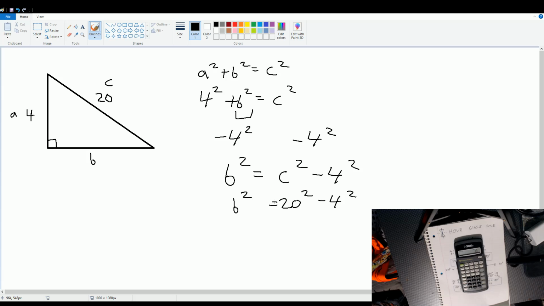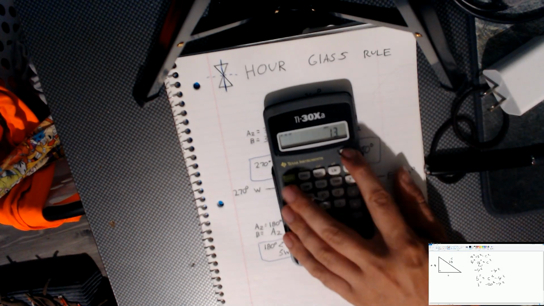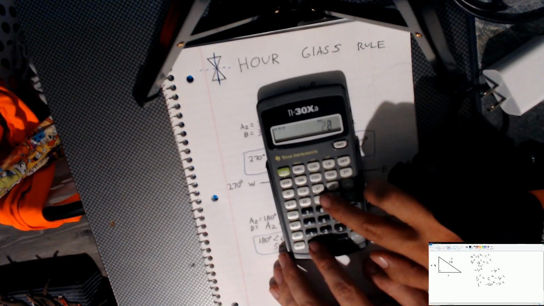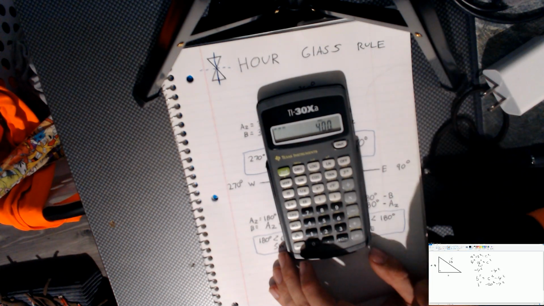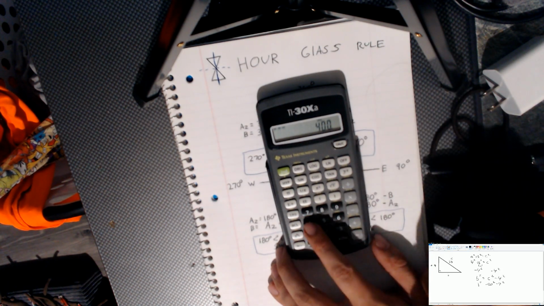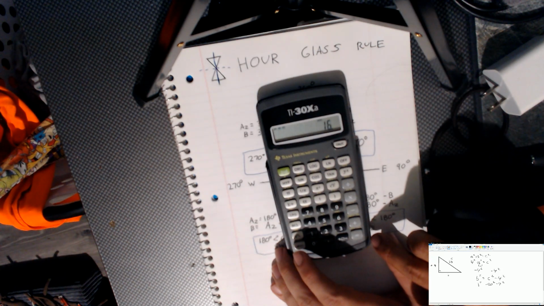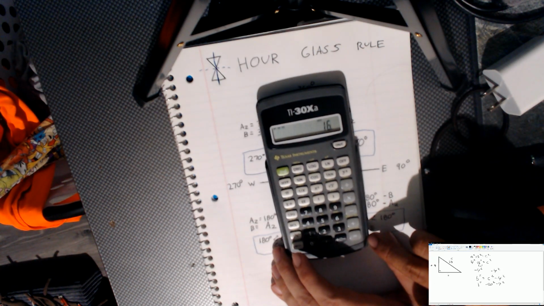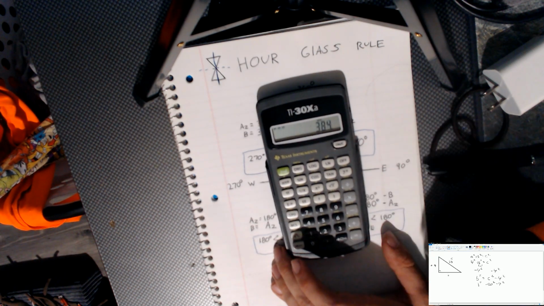Let's put this into a calculator and find out our values. 20 squared, we have 400, minus 4 squared, that's a value of 16. We proceed to press the equal button to find the total of that value.